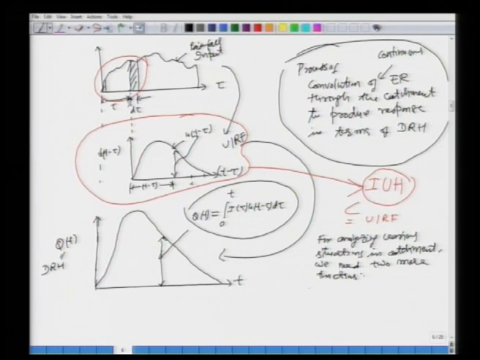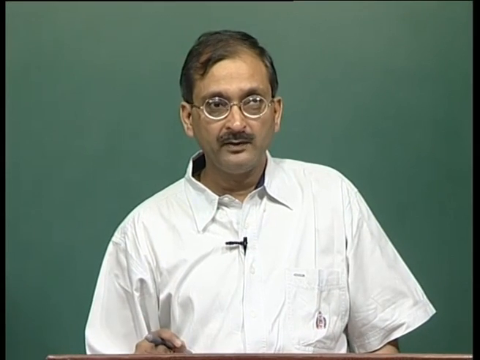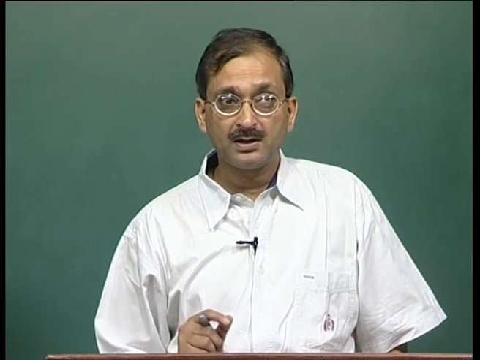And what are those? Well, first one is the unit step response function. All right. And the other one is the unit pulse response function. So, let us start looking at these two functions now. So, we have seen unit impulse response function. The next function we are going to look at is the unit step response function.